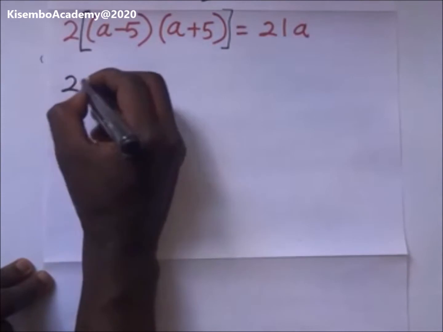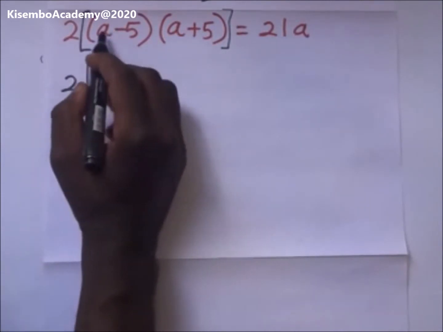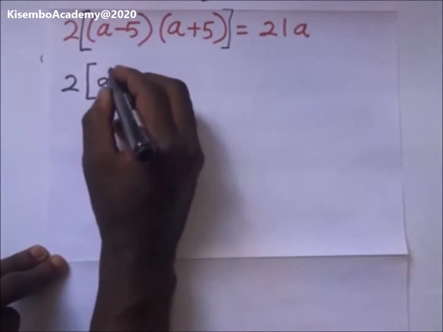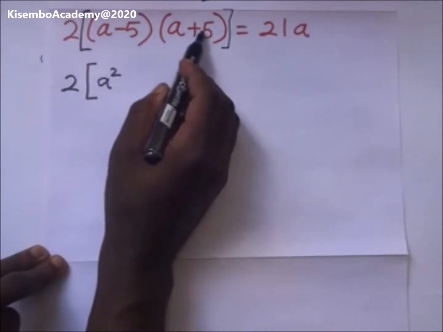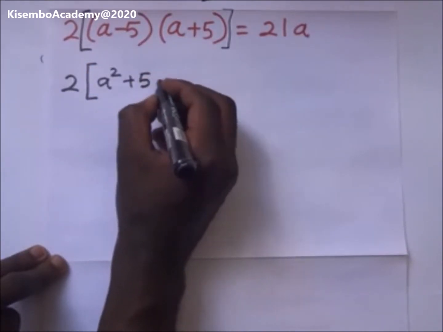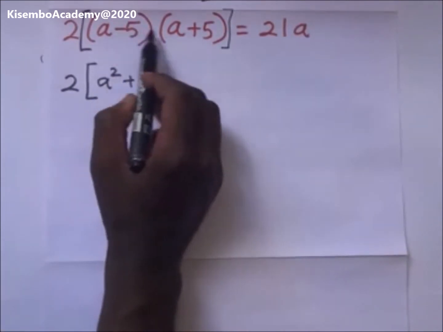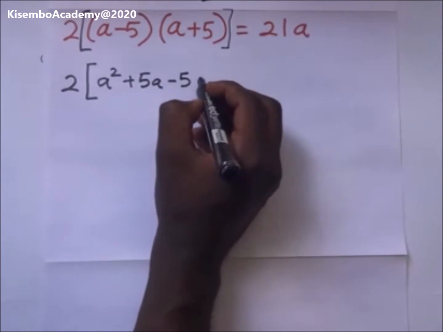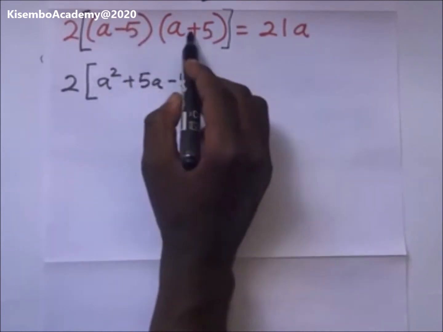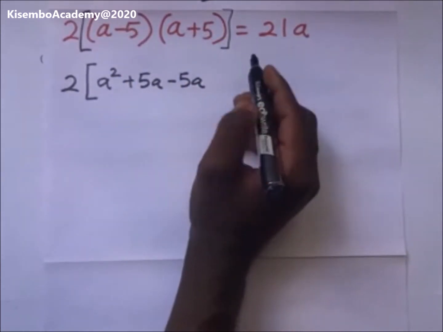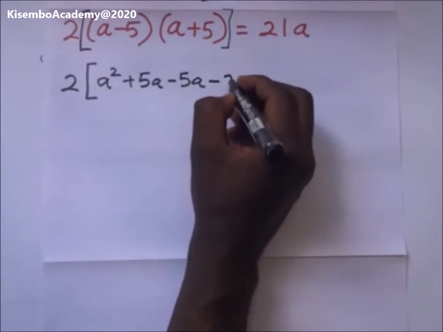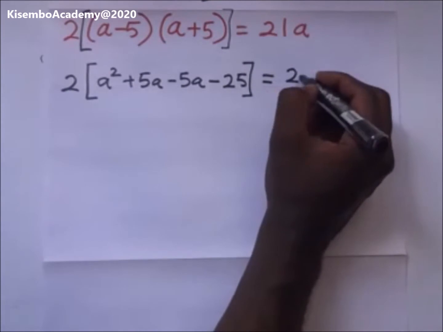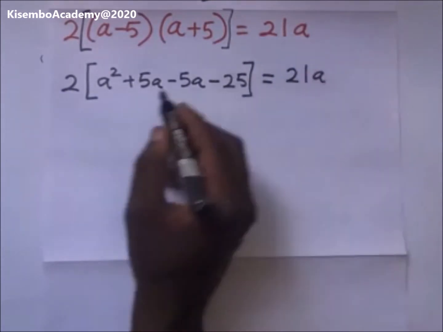So it's going to become 2 into, now expanding these brackets, a times a is a squared, then a times positive 5 is plus 5a, then we have negative 5 times a is negative 5a, then we have negative 5 times positive 5 giving us negative 25, is going to equal 21a.